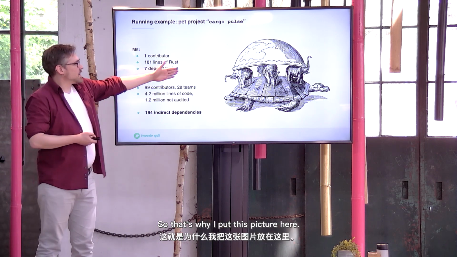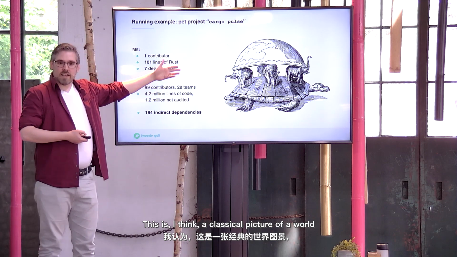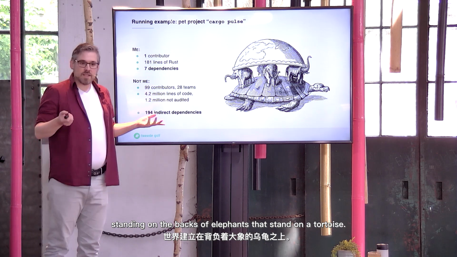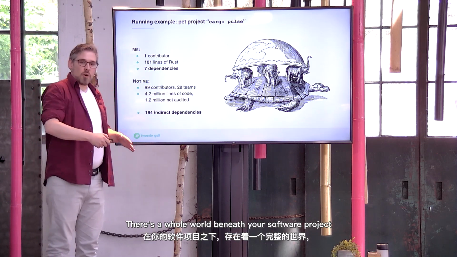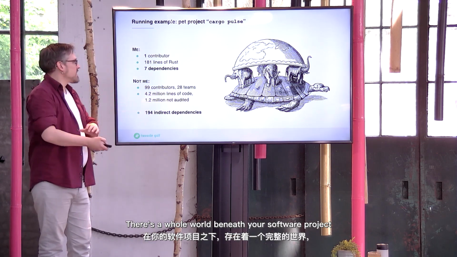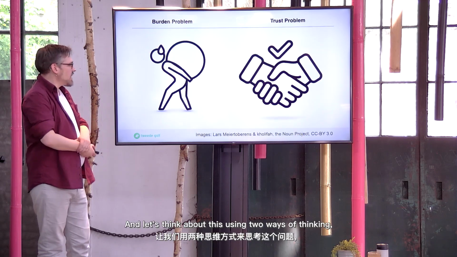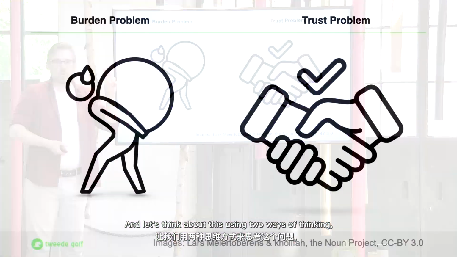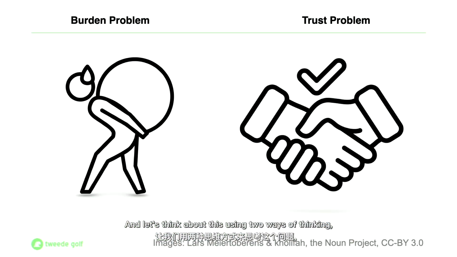So that's why I put this picture here. This is, I think, a classical picture of a world standing on the backs of elephants that stand on a tortoise. There's a whole world beneath your software project that you need to be aware of. Let's think about this using 2 ways of thinking, which is the burden problem and the trust problem.